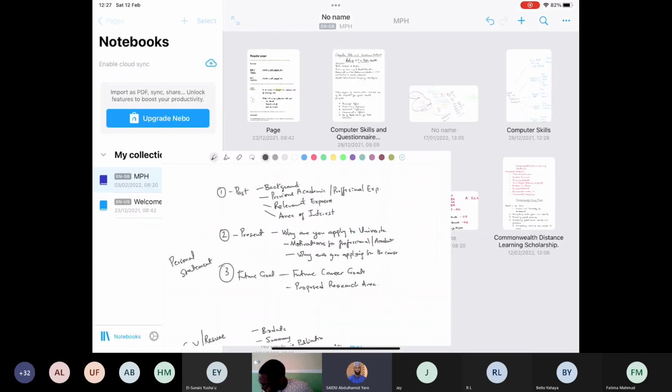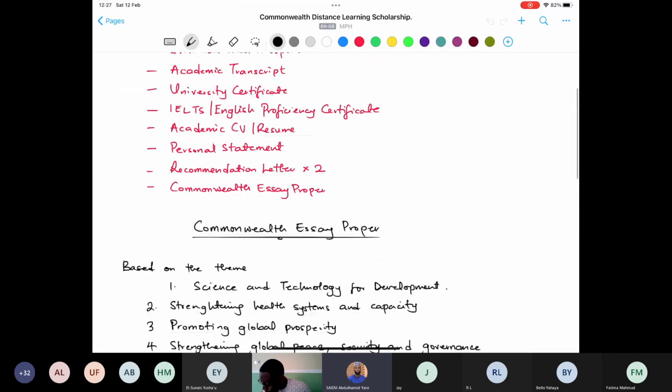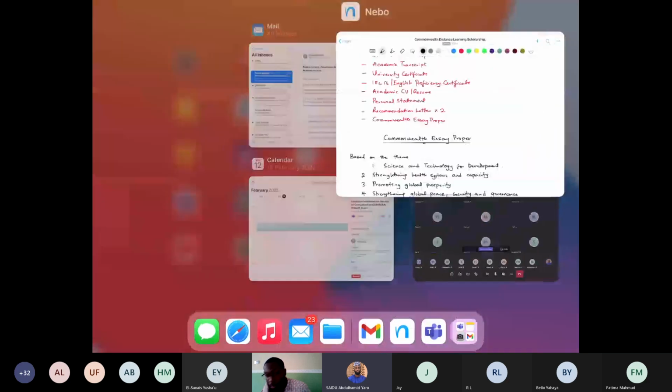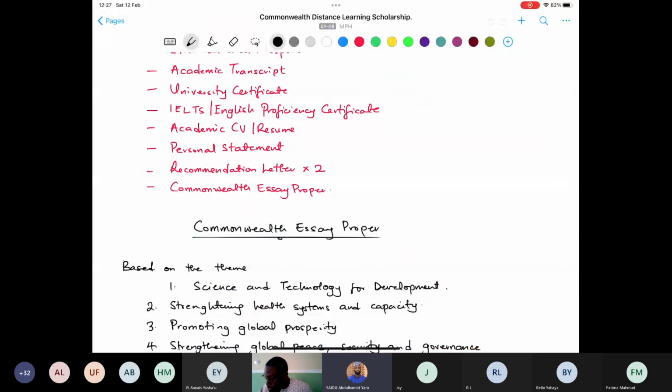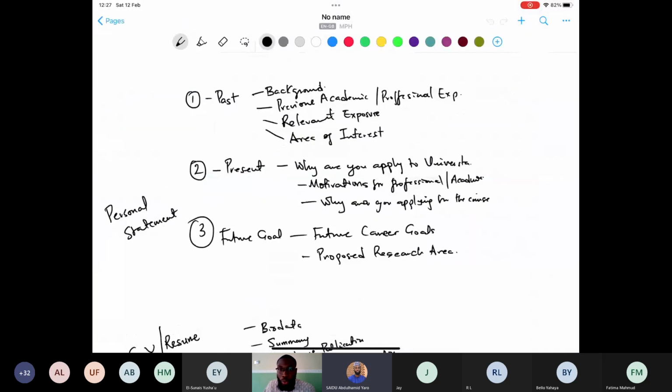Before we go, the last thing we want to talk about is the recommendation letter. This recommendation letter is very, very important. You have to get someone who is going to be there, because emails are going to be sent.